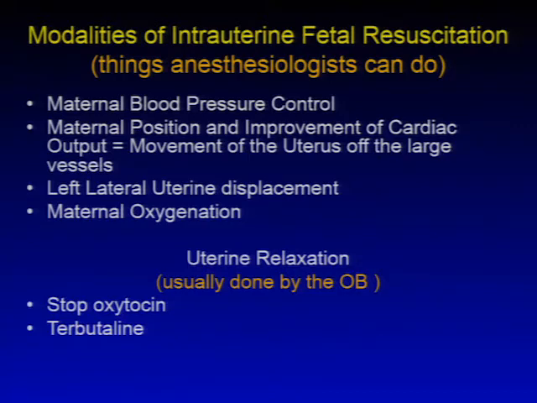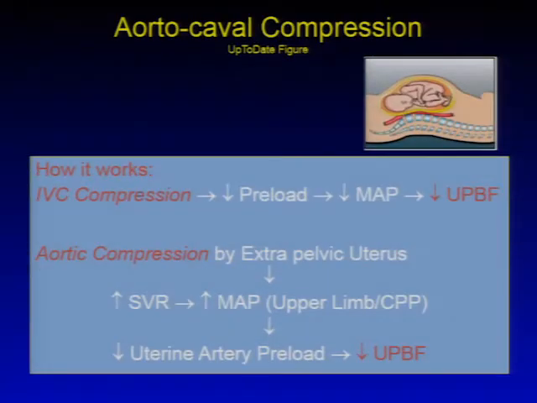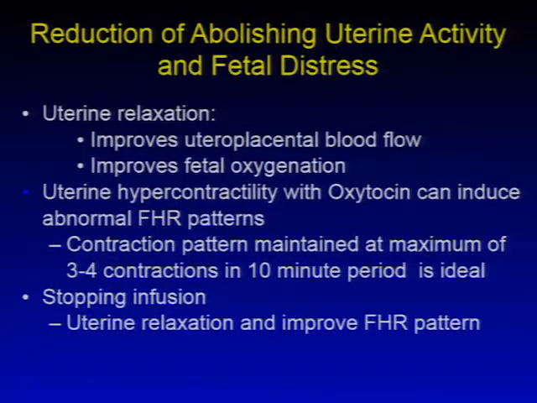Uterine relaxation is usually done by the obstetrician, but it includes such things as stopping oxytocin and administering terbutaline. And the mechanism of relieving aortic compression is detailed in this diagram.